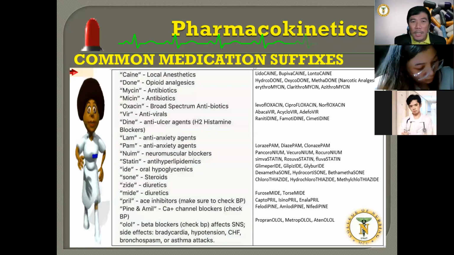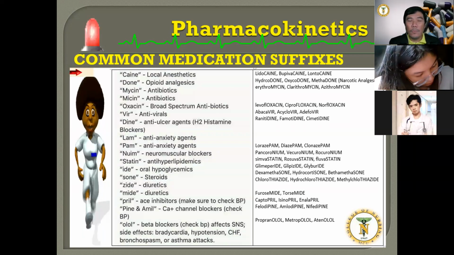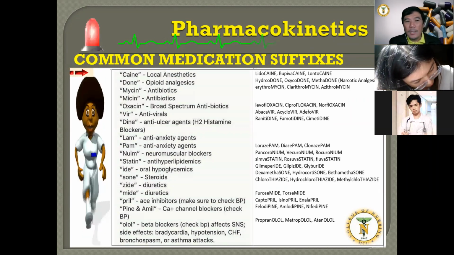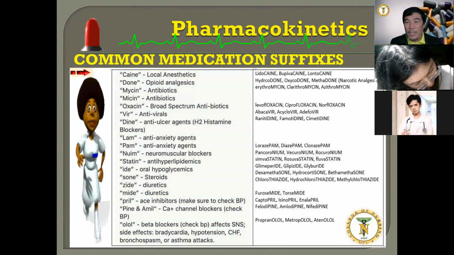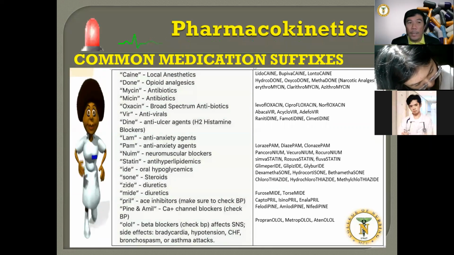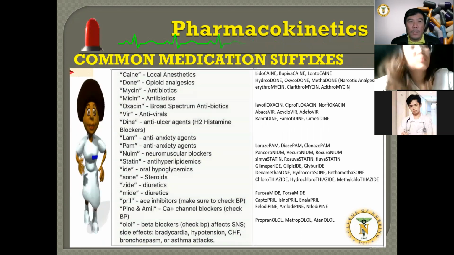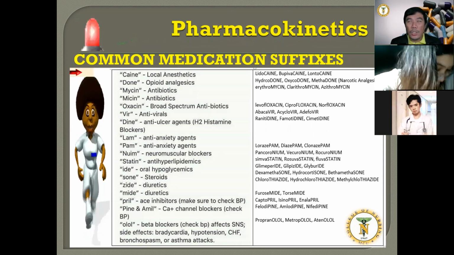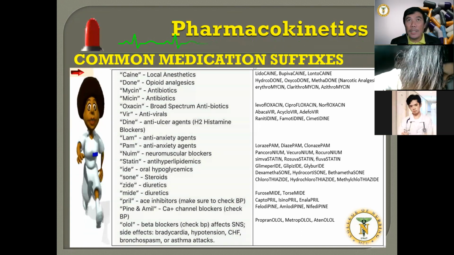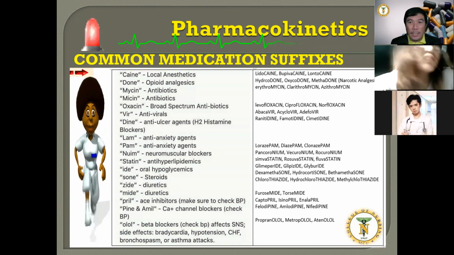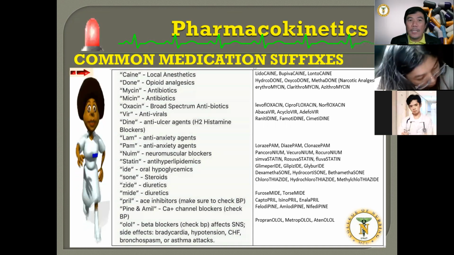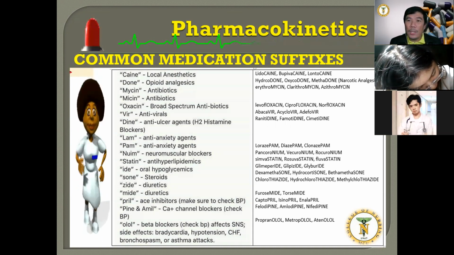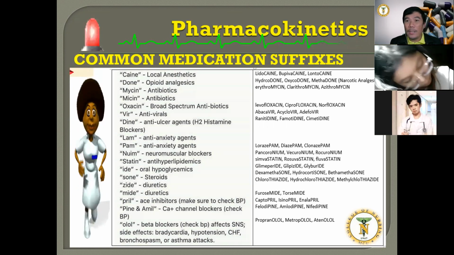All drugs that end in cane are considered local anesthetics, and we have defined accordingly the difference between local anesthesia, spinal anesthesia, and general anesthesia. Most of the anesthetics will be discussed when we reach the topic on drugs affecting labor and delivery.